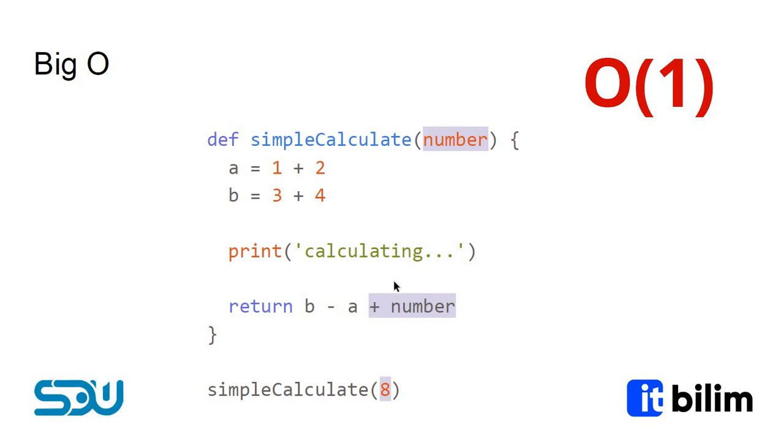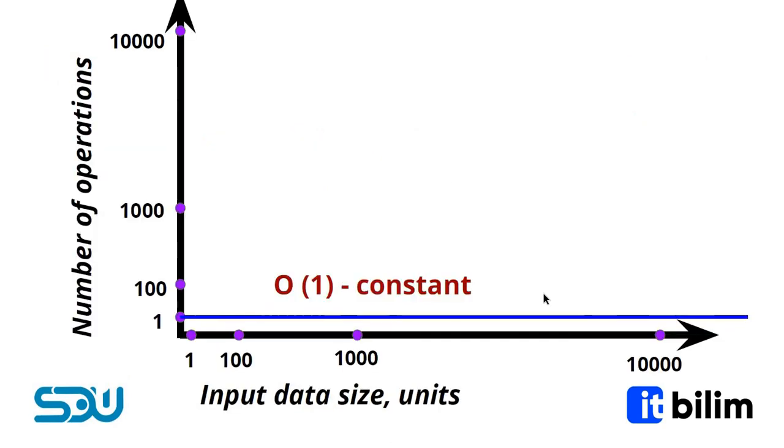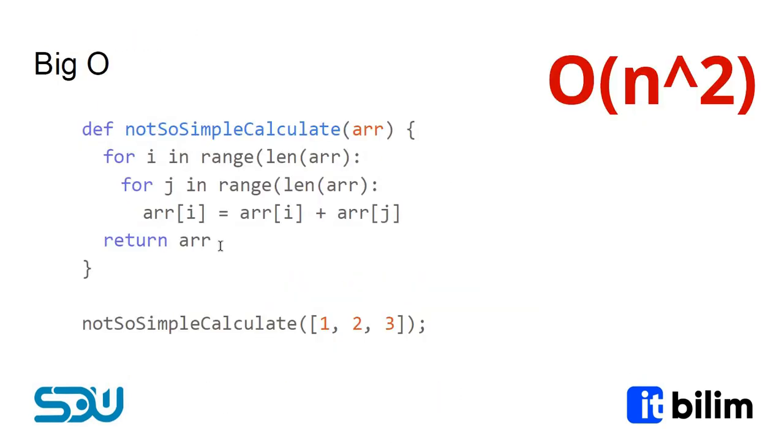So when we have this kind of algorithm, let's look at this pseudocode. So here we have one loop, and in this loop we have another loop. So when we have these two loops, in this case our time complexity will be O(n) squared.